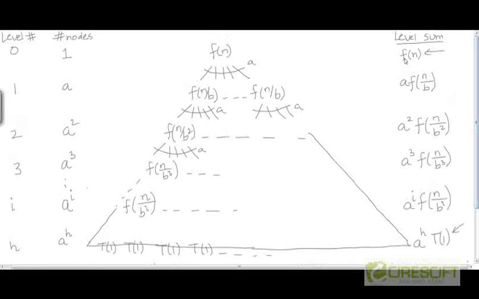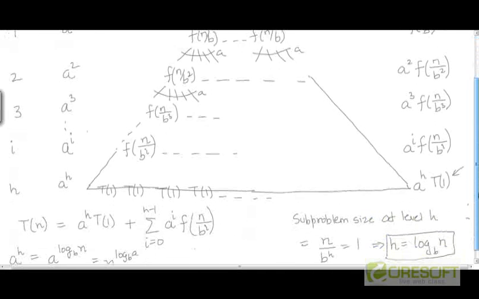And so the overall complexity is going to be n to the power log of a base b, which is what every term is, multiplied by the height of the tree, which is log n. Another way to say it is, it's going to be f of n times log n.